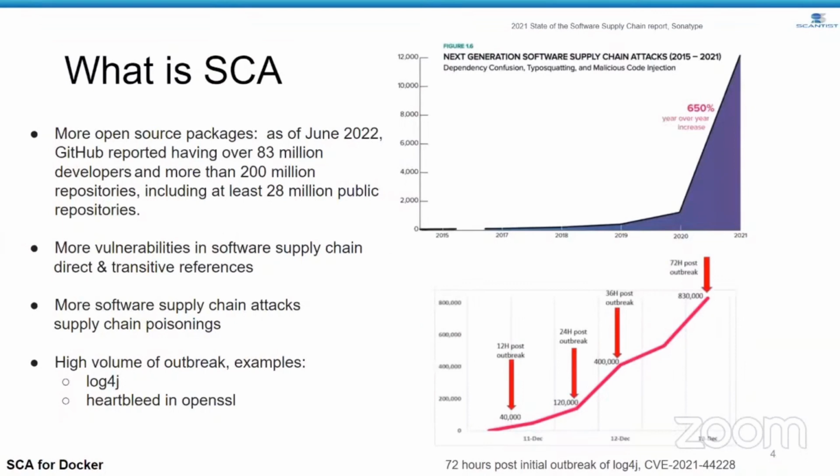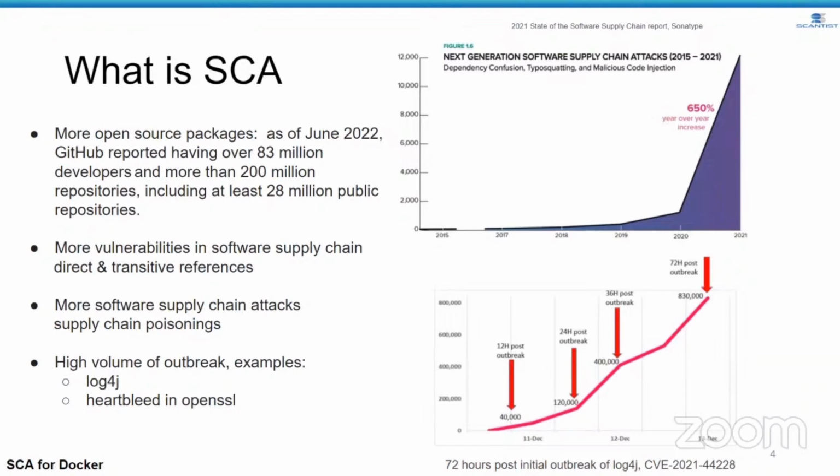Also, with some reference figures, supply chain attacks are becoming more and more popular. Nowadays we use a lot of open source projects. By June of this year, there were 83 million developers on GitHub and about 28 million open source repositories which you can directly download.